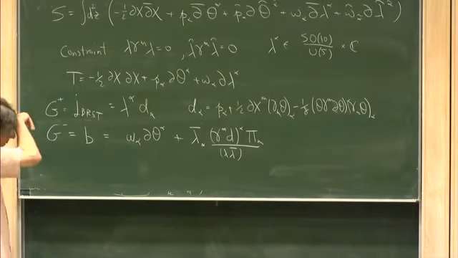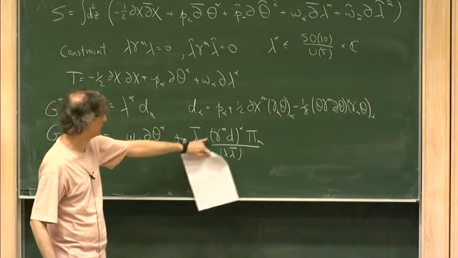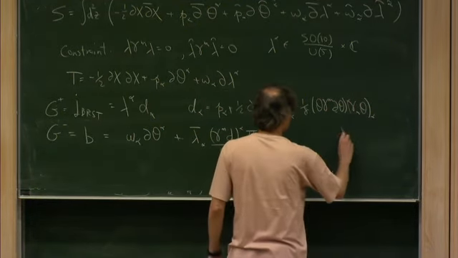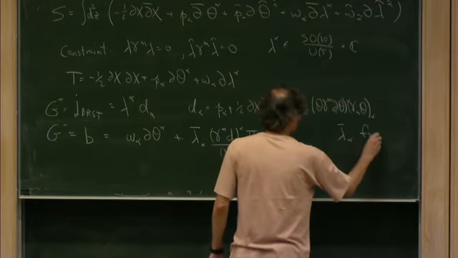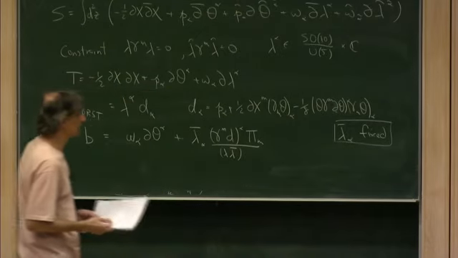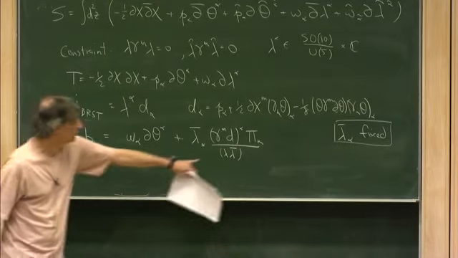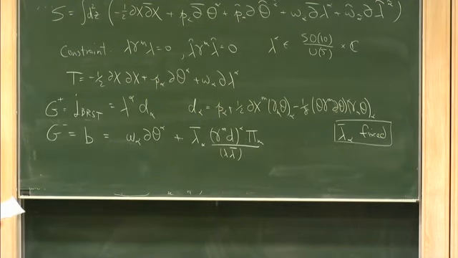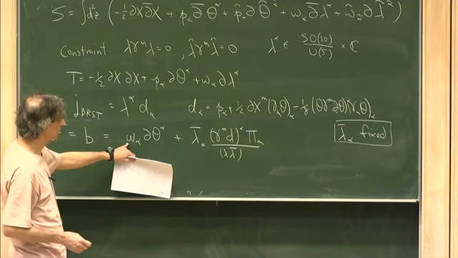So this B ghost has two unpleasant features. One, it depends on this fixed spinor. The lambda bar is a fixed spinor. So that, of course, breaks manifest Lorentz invariance. And it also involves inverse powers of lambda. So these are the things that cause problems when you go to loop amplitudes.